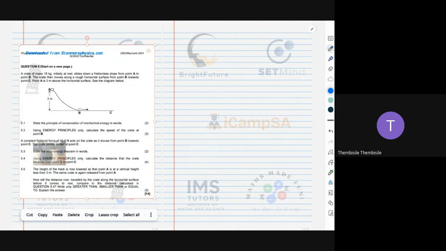Okay, let me start from scratch instead. A crate of mass 18 kg is initially at rest. So you see, we've done 3 questions and we can already see the pattern between these questions. It then slides down a frictionless slope, right? So now they are removing friction from point A to point B. Okay, the crate then moves along a rough surface.